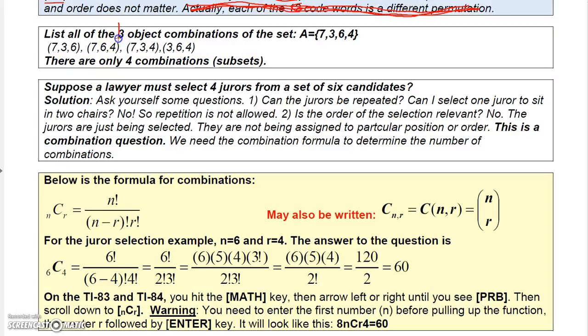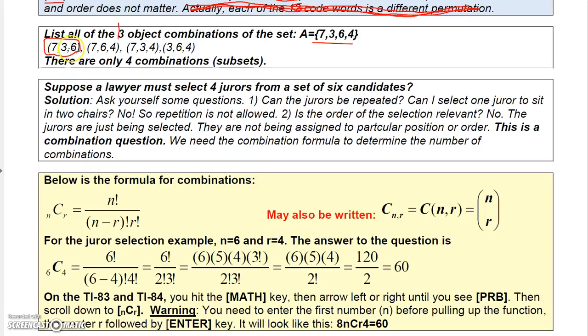Okay, let's list all of the 3 object combinations of this set. Let's just list the first 3. There's a 3 object combination: 7, 3, 6. Now, would 7, 6, 3 be another one? No, because that would be permutations.